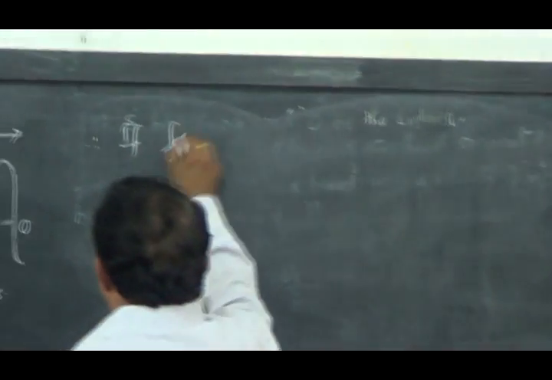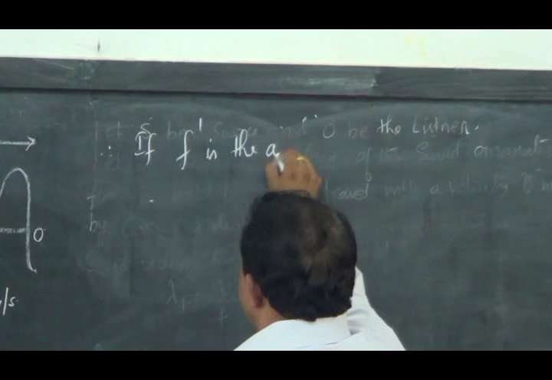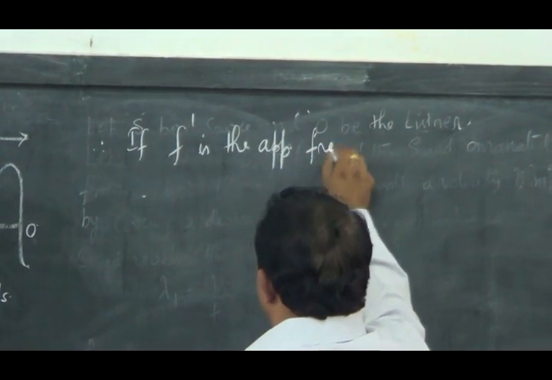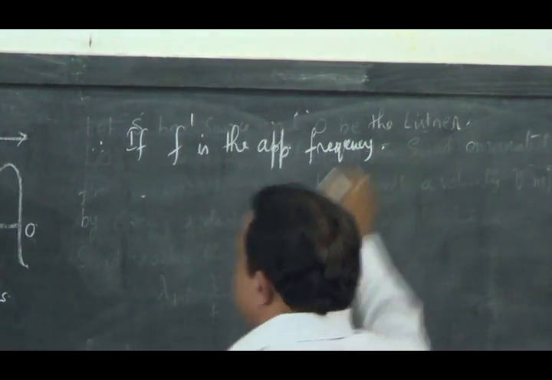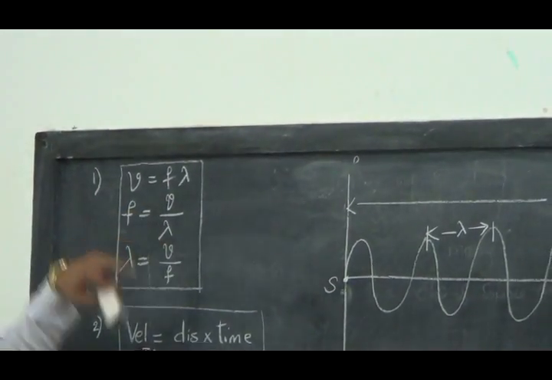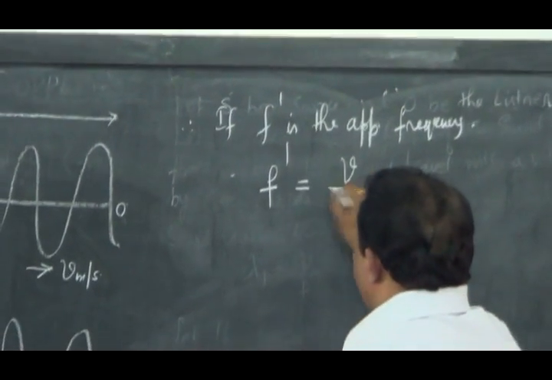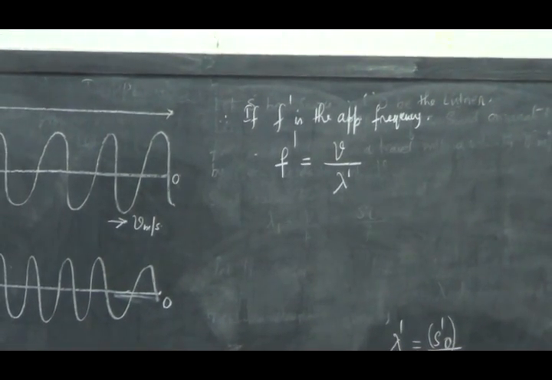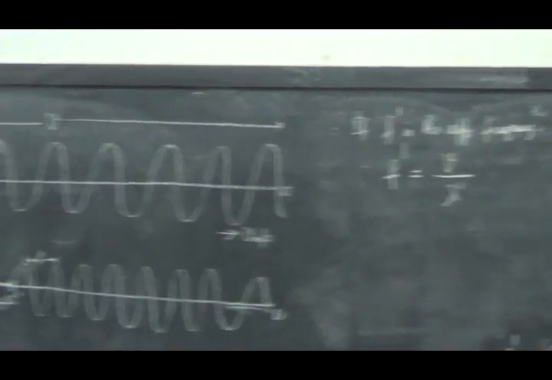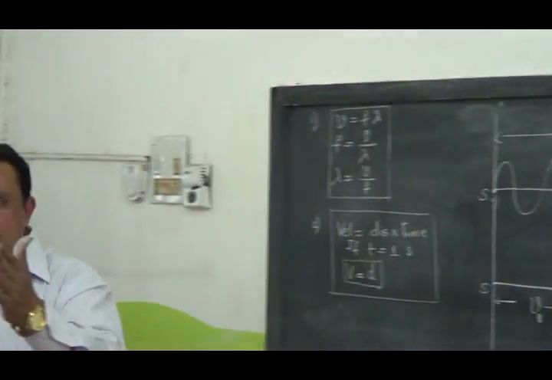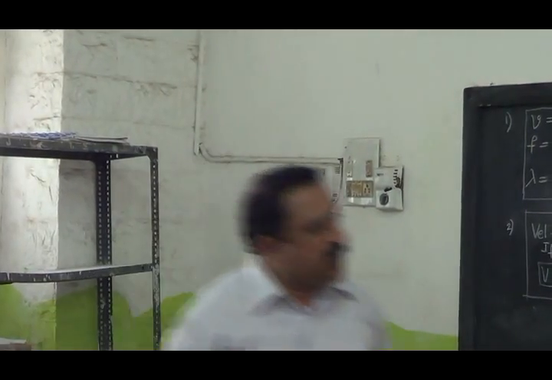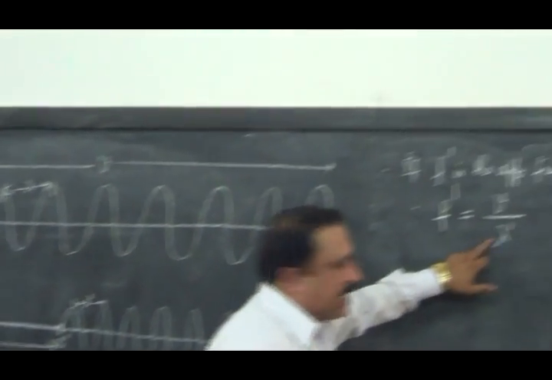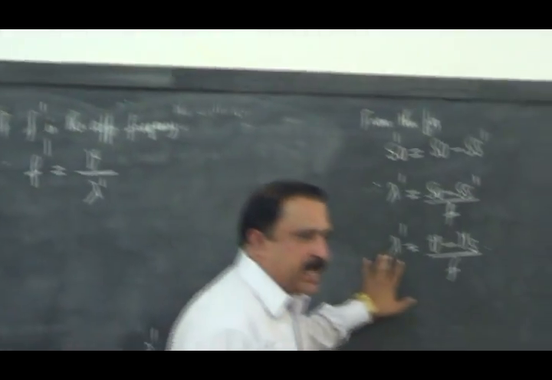If f dash is the apparent frequency, what is the basic formula for frequency? f equals v by lambda. Or I write f dash equals v by lambda dash now. Calculating the value of the apparent frequency when the train comes towards the observer, that is given by f dash equals v by lambda dash. But we know the value of lambda dash now.